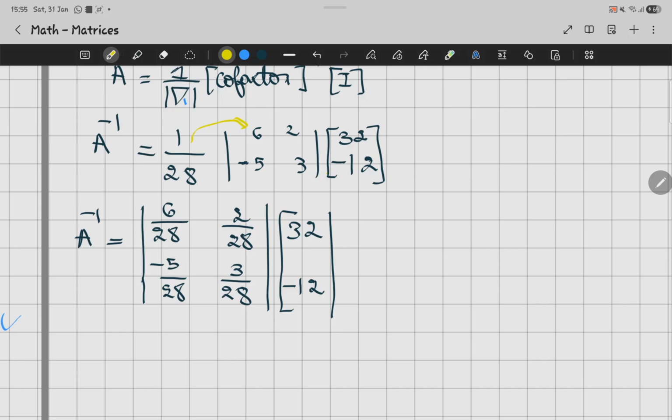And then what I like doing is simplifying those. So I have something like this: 3 over 14, -5 over 28, 1 over 14, 3 over 28.